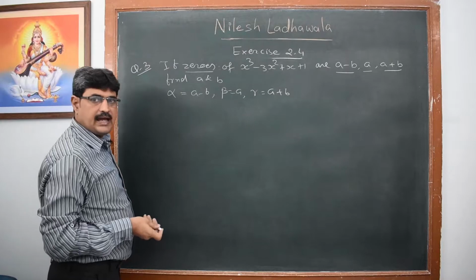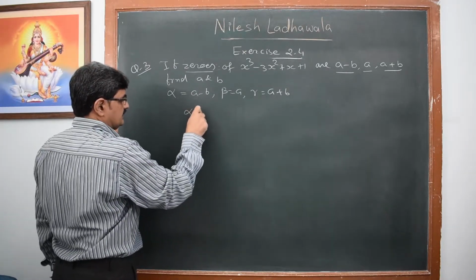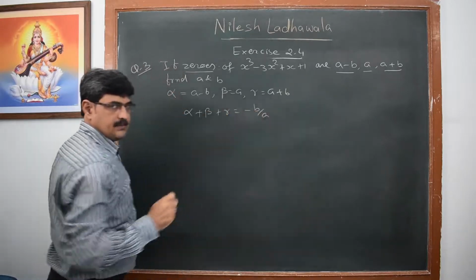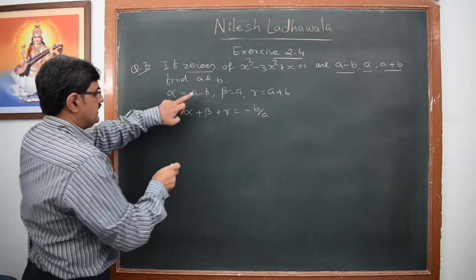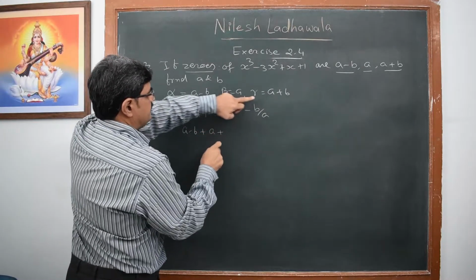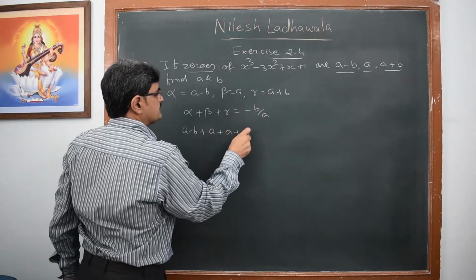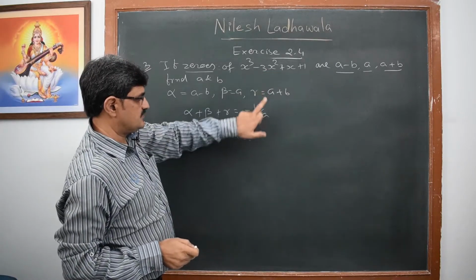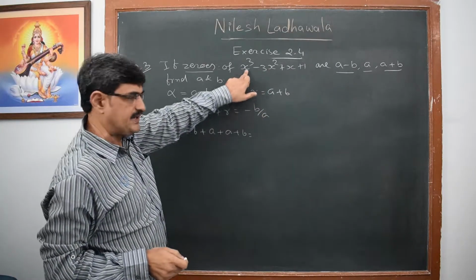Now we have learned the formula alpha plus beta plus gamma, that is minus b by a. In place of alpha I can write a minus b, in place of beta I can write a, in place of gamma I can write a plus b. Here in this formula, b is the coefficient of x square, and a is the coefficient of x cube.